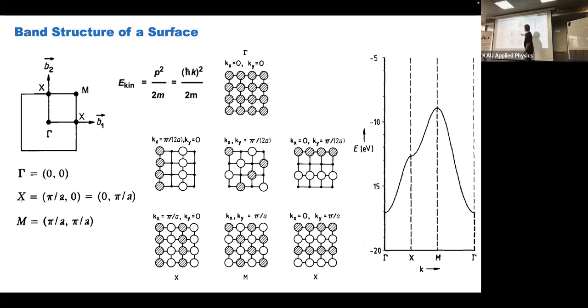Then we have another point, because we can locate this chain of atoms here, bonding, anti-bonding, bonding, and so on. So we have all these different combinations for corner points. This will be for X point, and this will be for M point.